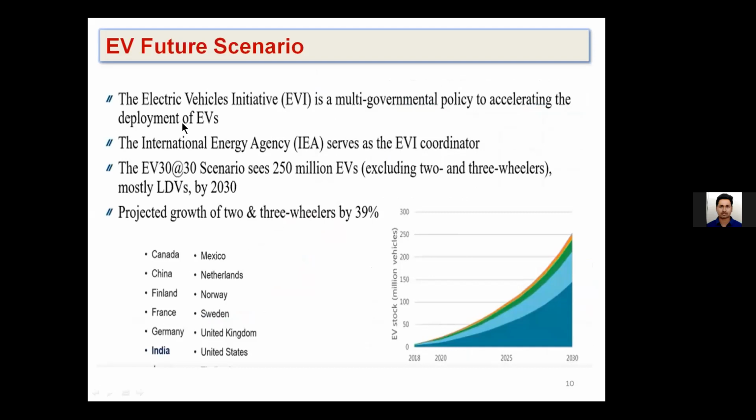Here are the various initiatives taken by different countries. Governments throughout the world have set targets by 2030 for penetration, with respect to both vehicle segments.